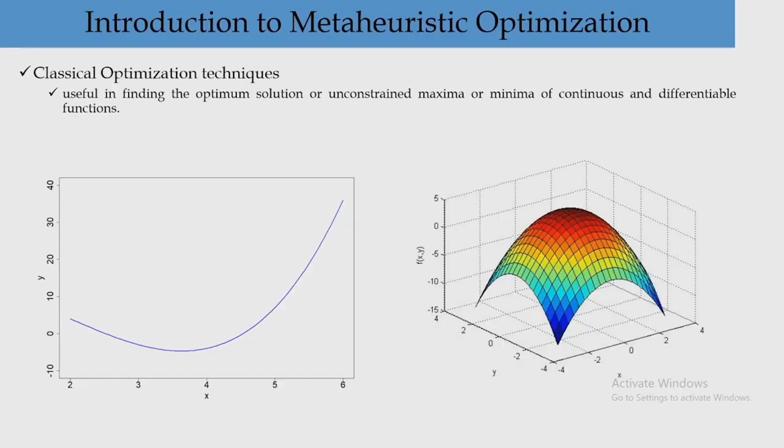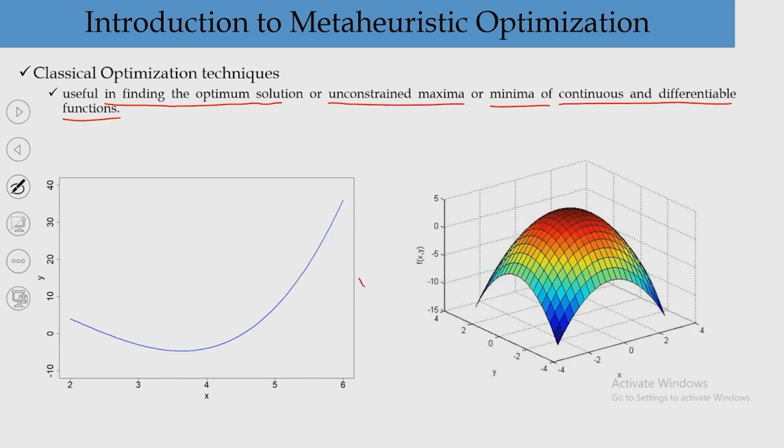As I said, the classical optimization techniques are useful in finding the optimal solution or unconstrained maxima or minima of a continuous and differentiable function. The function has to be continuous and differentiable, because we are using the gradient information.